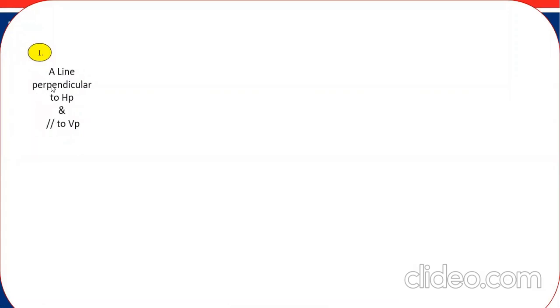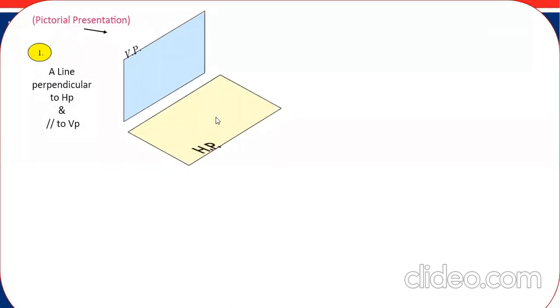First case, line perpendicular to HP and parallel to VP. Now pictorial representation, this is VP and HP. Now these are the XY axis. Now the line is perpendicular to HP and it's parallel to VP. We know that this line AB is perpendicular to HP and parallel to VP.